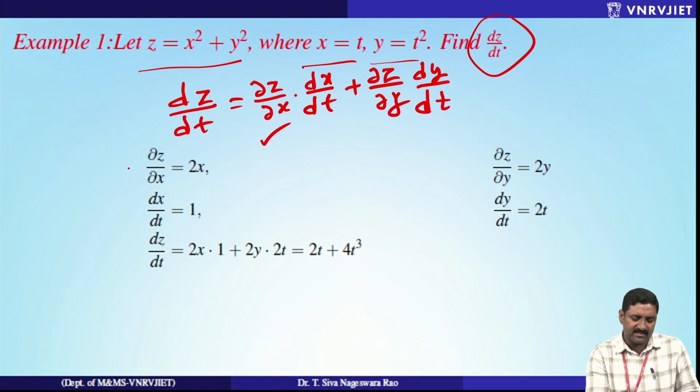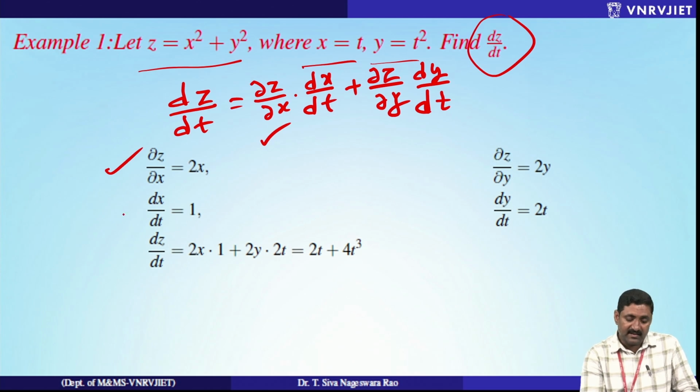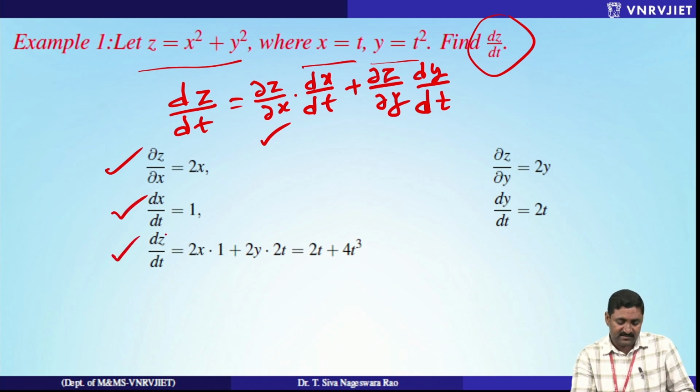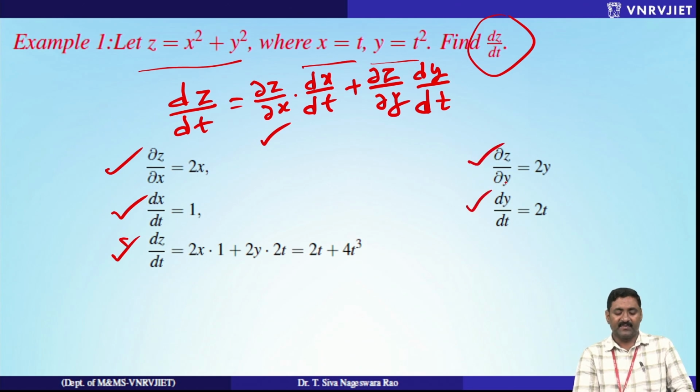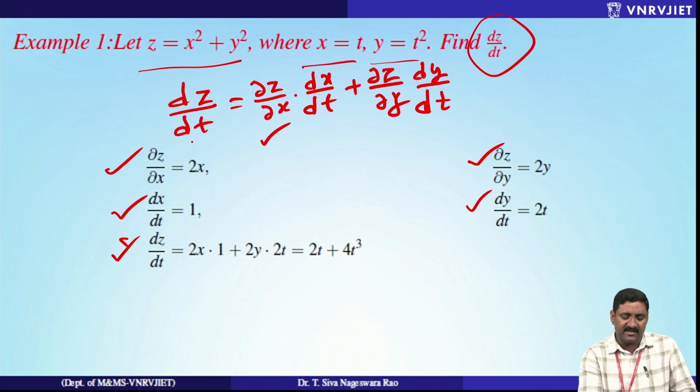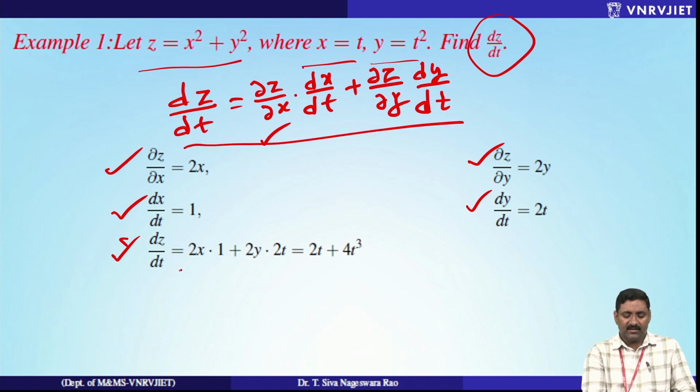Now I will find dou z by dou x, dx by dt, dou z by dou y and dy by dt. Substitute these values into this formula, you will get this one.